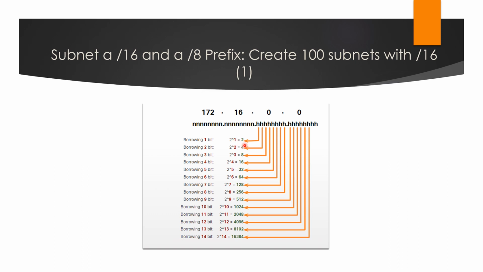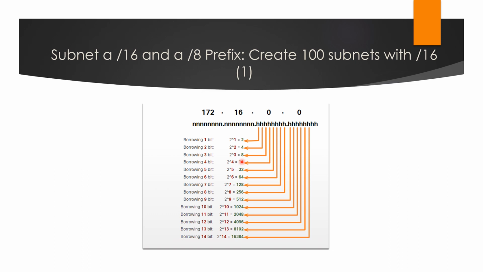The calculation takes this form: the base, number 2, is raised to the power of the number of bits that you borrow. So if you are borrowing 1 bit, 2 to the power of 1, you can create 2 subnets. If you are borrowing 3 bits, 2 to the power of 3, you can create 8 subnets.